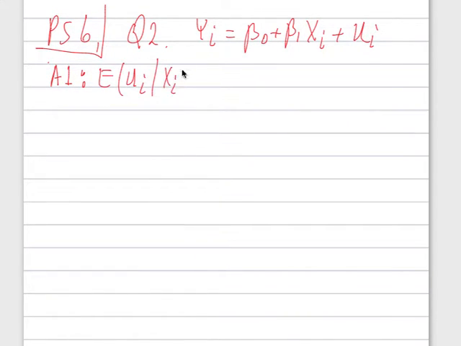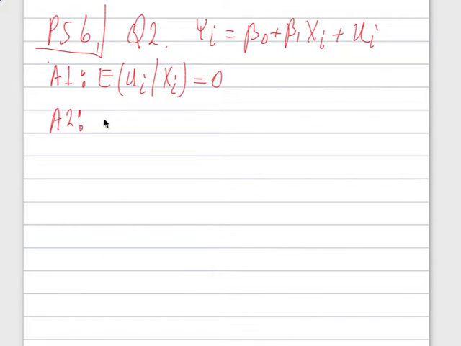Now, consider regression model yi = beta 0 + beta 1 xi, usual setting, and also suppose that this population model satisfies A1, which says expected value of ui given xi is 0.